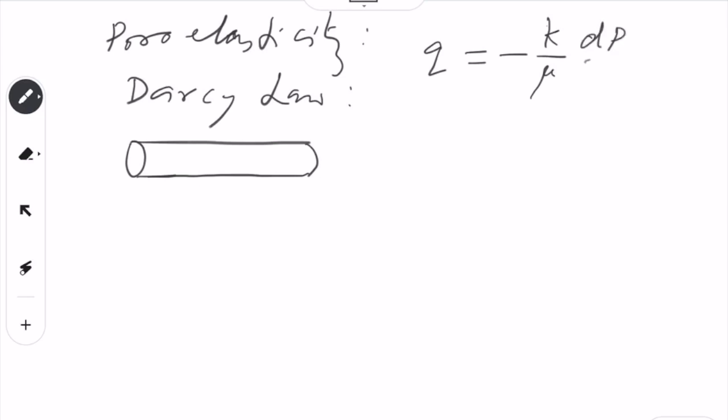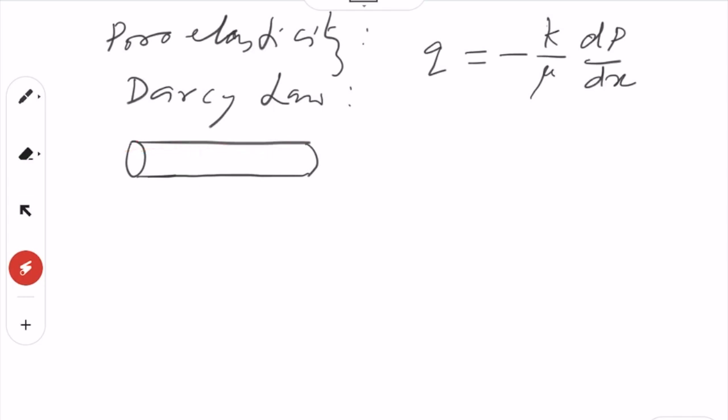then you have dp over dx, something like this, okay, where k is a constant, also known as the permeability of the medium, mu is the viscosity, and dp over dx is the pressure gradient.